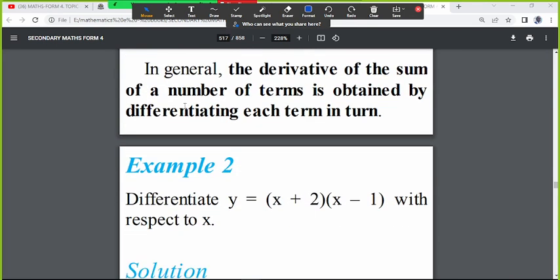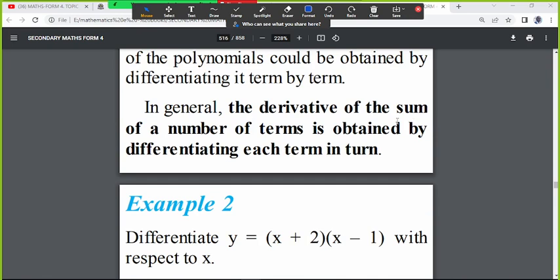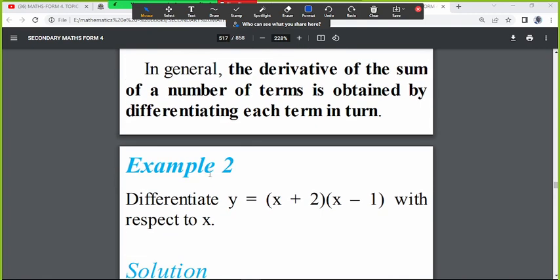So in general, the derivative of the sum of a number of terms is obtained by differentiating each term in turn. That's how we differentiate a polynomial. So to differentiate a polynomial, differentiate each term in turn.